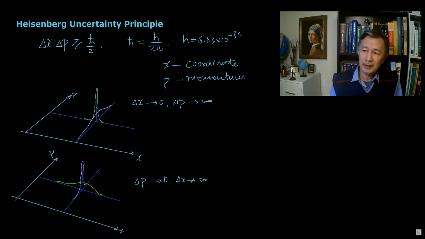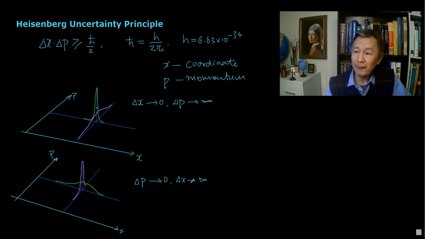But does this really matter? Is the simultaneous measurement of the coordinate and the momentum important? The answer is no. In quantum mechanics, we can use either the coordinate or the momentum to describe the motion of a particle.